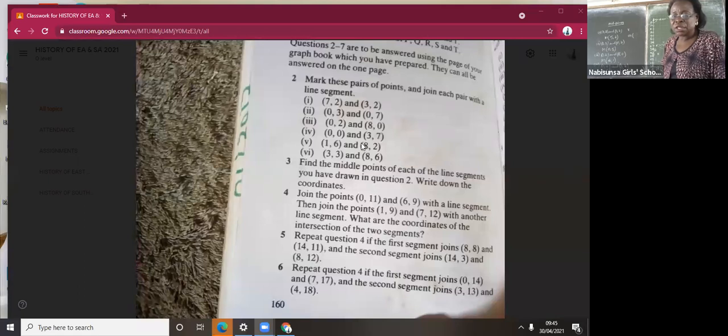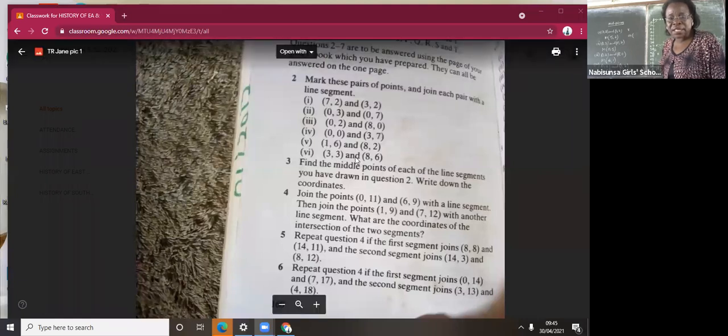The bad thing is you don't listen. If you were listening, you would know. Each one wants to ask at the same time, and then you keep repeating the same question. Now, I'm trying to repeat number 5.